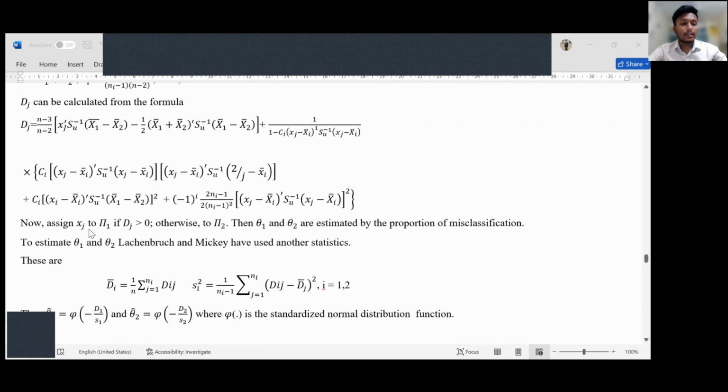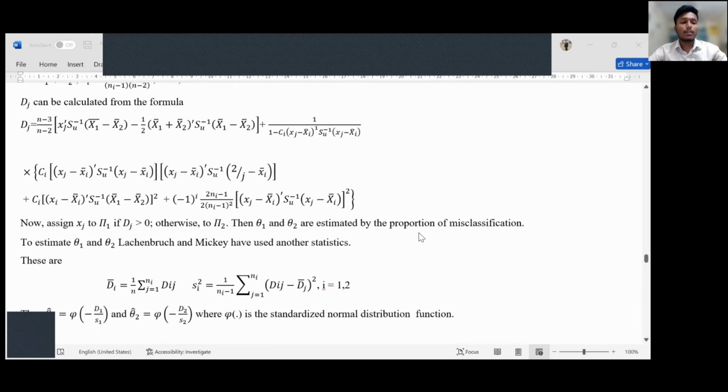Now assign xj to population 1. The jth observation is assigned to population 1 if the discriminant function of the jth unit is greater than 0; otherwise, the jth object belongs to population 2. Then theta 1 and theta 2 are estimated by the proportion of misclassification.